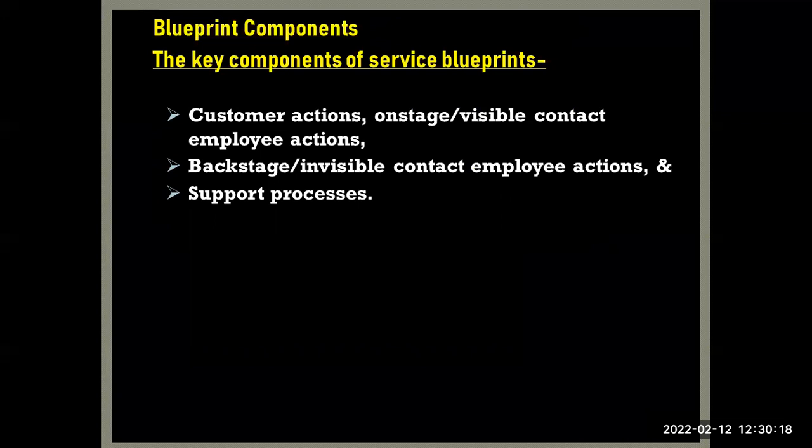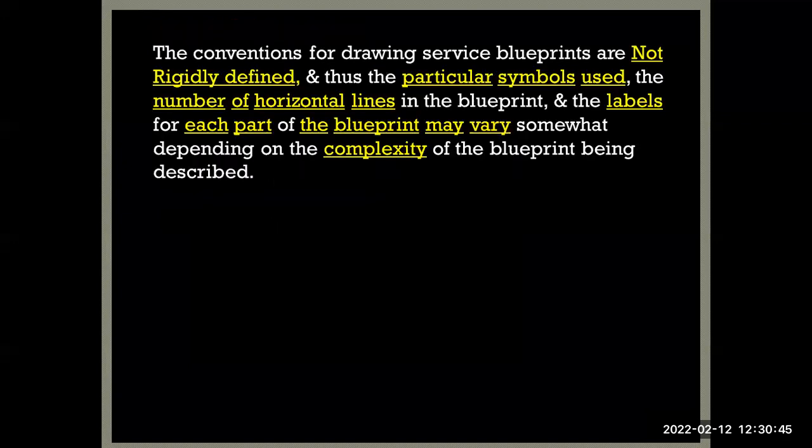At the backstage, we have many invisible actions performed by various different employees. Not only one employee, but many employees can be a part of that particular service. And we have support processes like software, registration system, kitchen. These are far away and not visible to the customer.